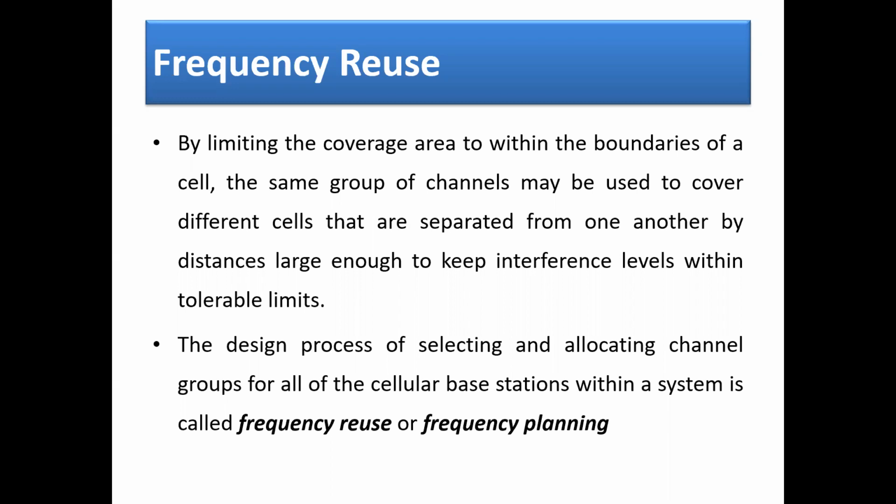In order to minimize the co-channel interference. The design process of selecting and allocating channel groups for all of the cellular base stations within a system is called the frequency reuse or frequency planning.